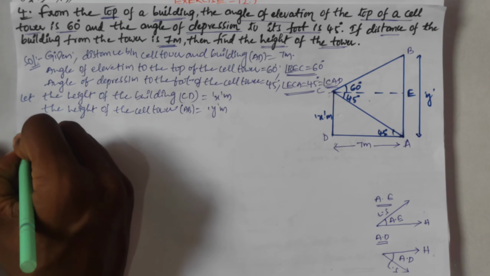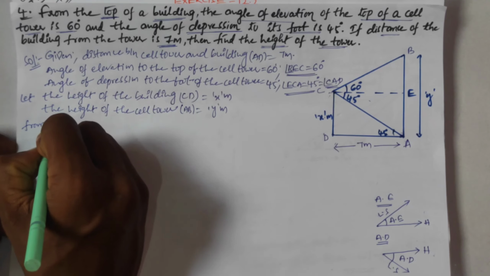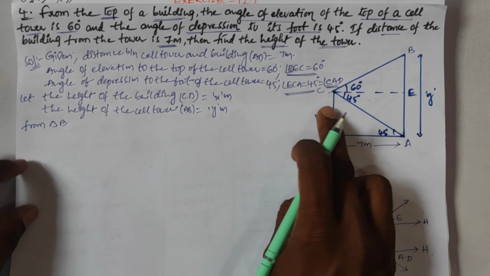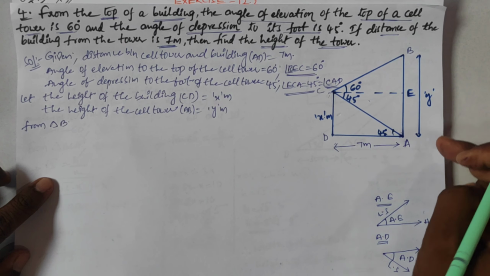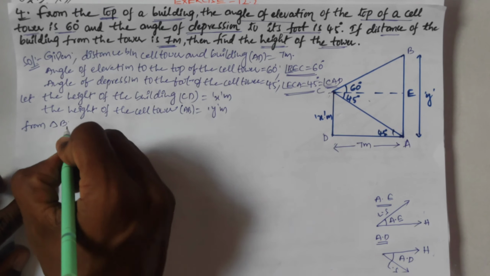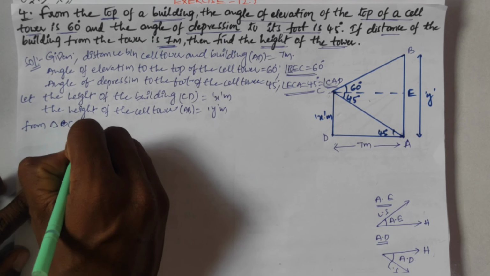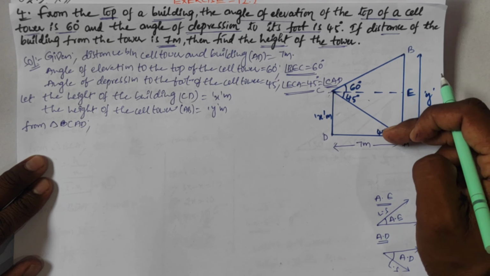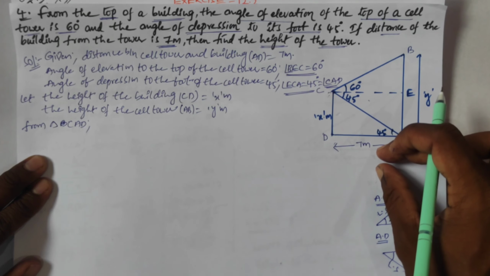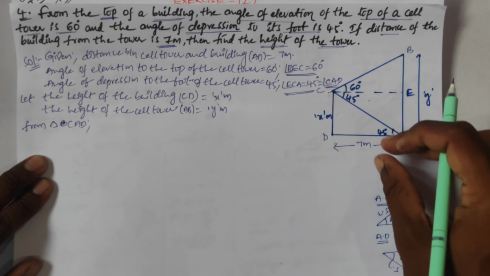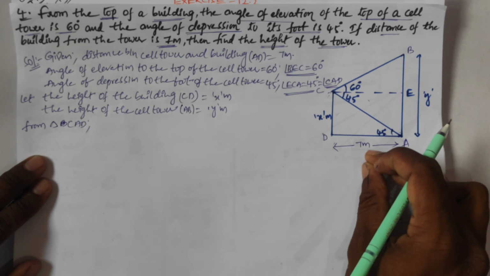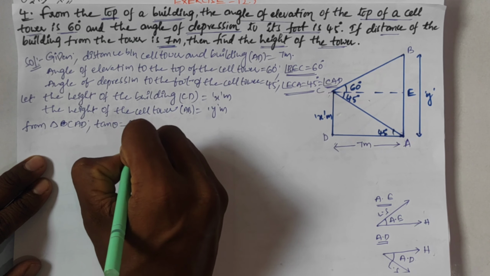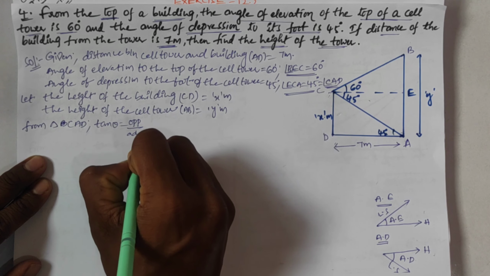Now first, from triangle CAD, or angle CAD, what we can conclude with respect to 45 degrees: side opposite to the adjacent. Opposite to the adjacent means which trigonometric ratio? Tan, right? Then tan theta is equal to side opposite to the adjacent.